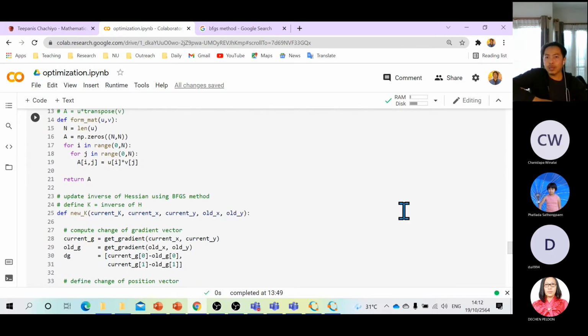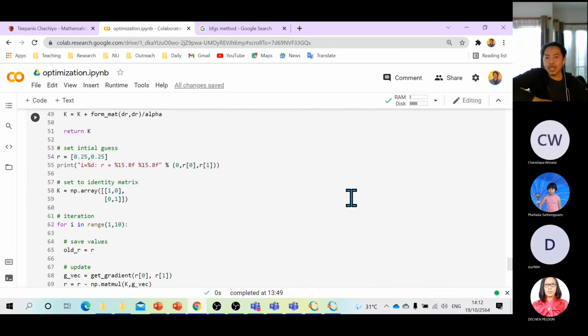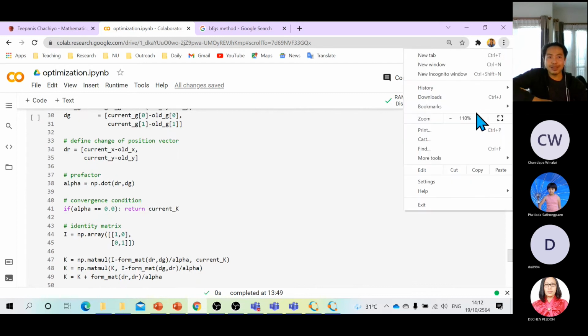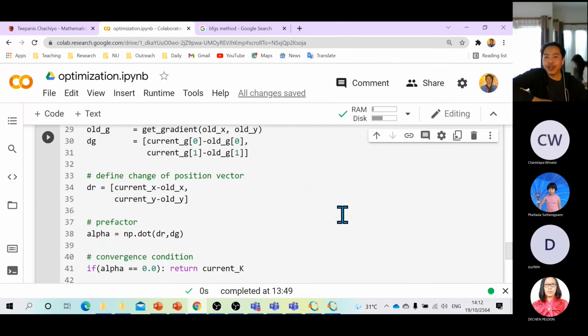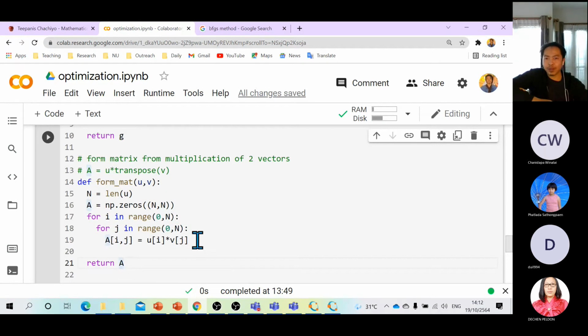Now, in this code, it's not that long really, if you look at it. For example, I have this subroutine that's called forming a matrix. I put this u and v as the input vector, then I compute the matrix using that formula as described from the lecture over here.